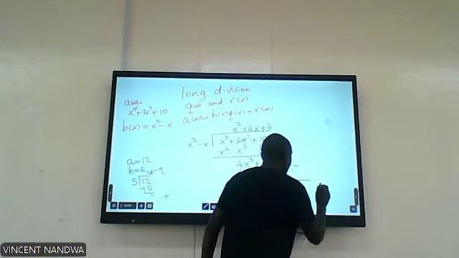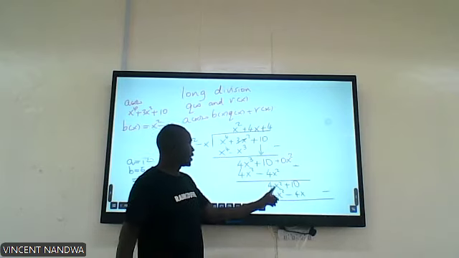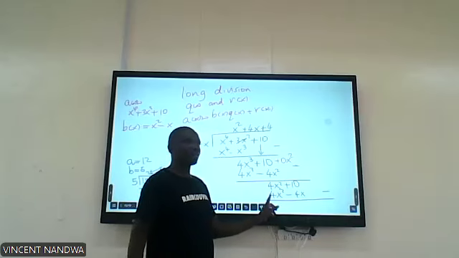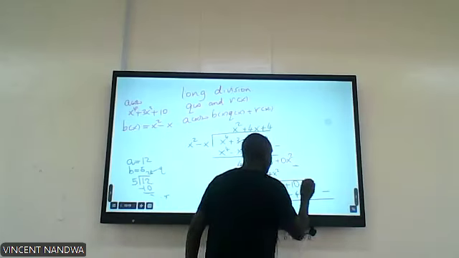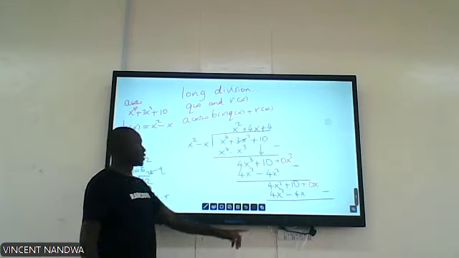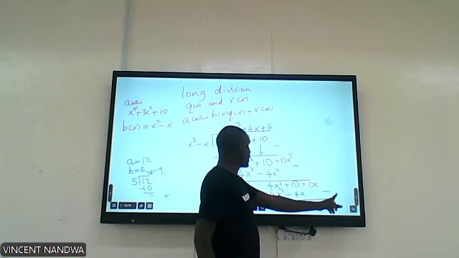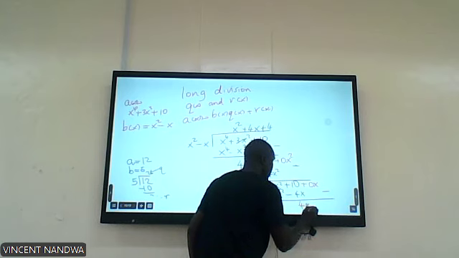So you still do the subtraction. 4x squared minus 4x squared is 0. Now we don't have terms with power 2. And you can always force an x term to be in there, so that we have 0x minus minus 4x to give us 4x. Then you bring down 10.